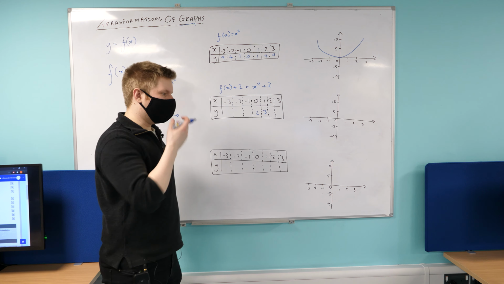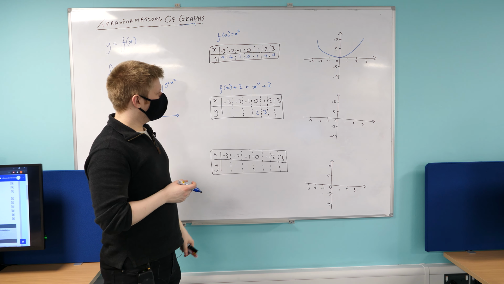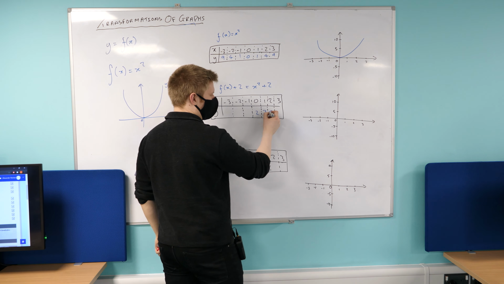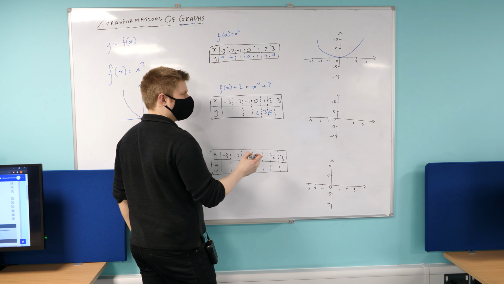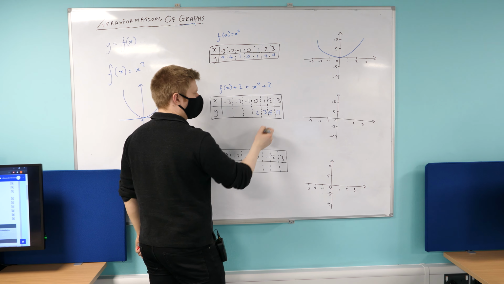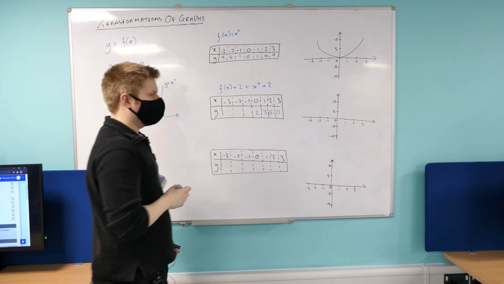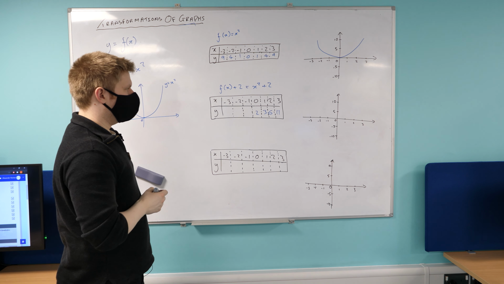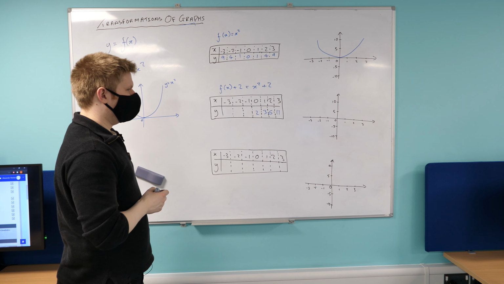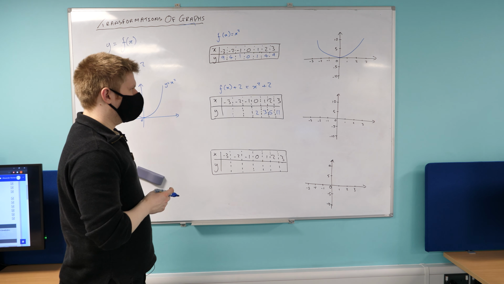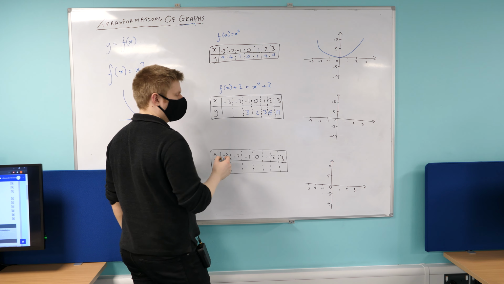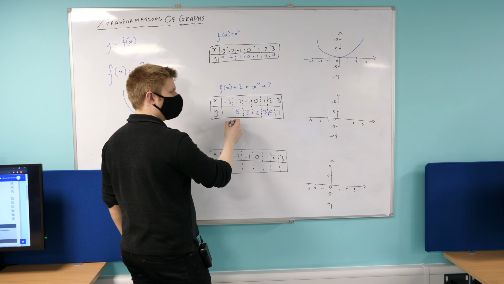If you stick 2 in here, what do you get out? 6. And if I stick 3 in? 11. Good. Now, what happens if I stick negative 1 in there? 3. And if I stick negative 2 in? And negative 3? 11. Good.